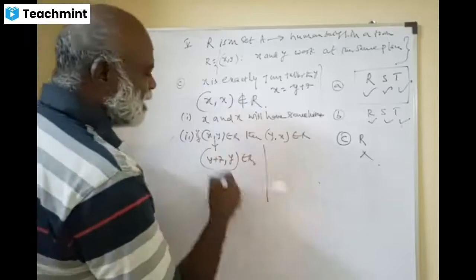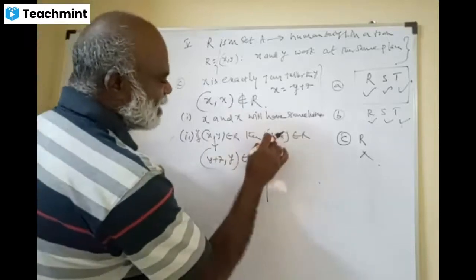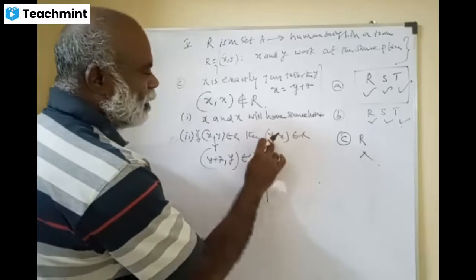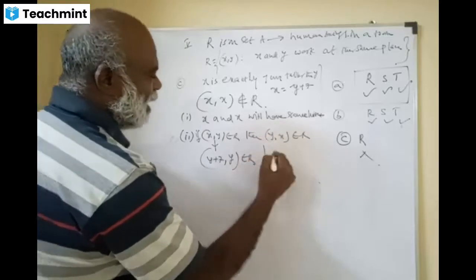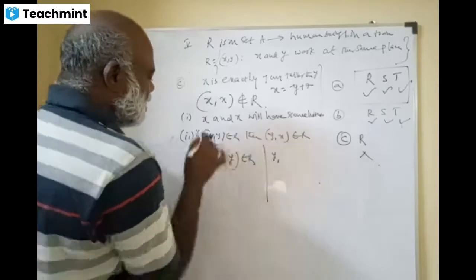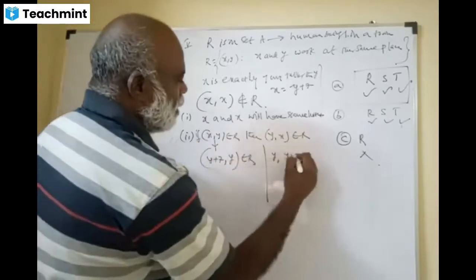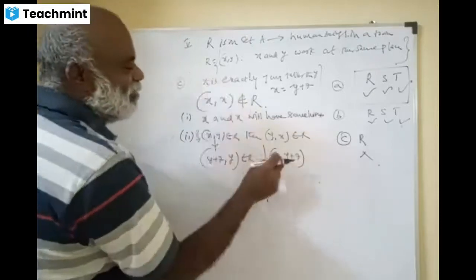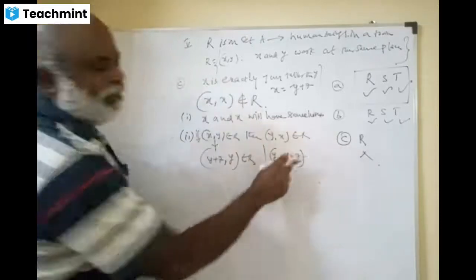Now, the first element is Y. Write Y as it is. X is Y plus 7. Now, can you say that the first element is 7 centimeters more than the second?